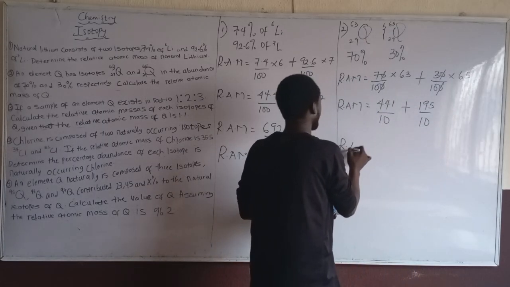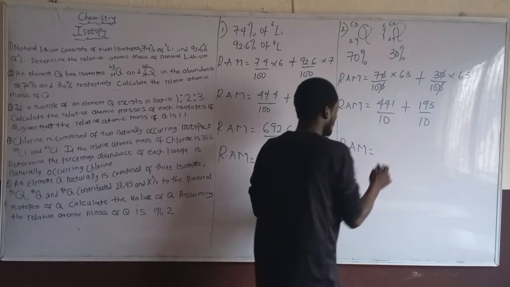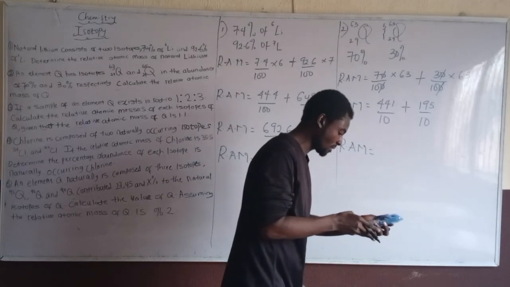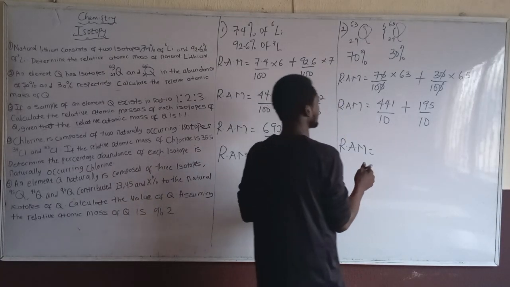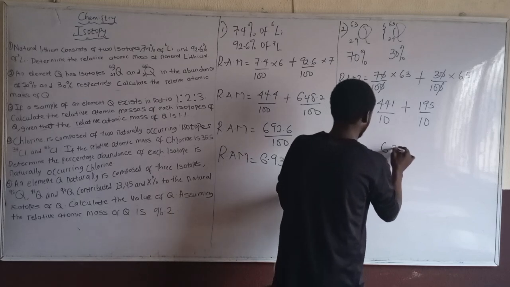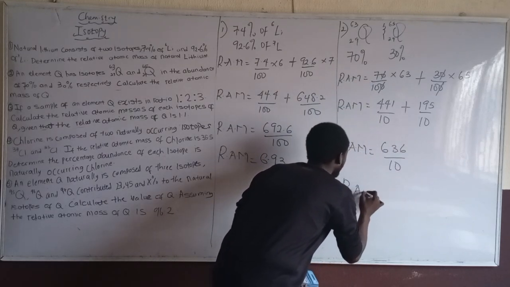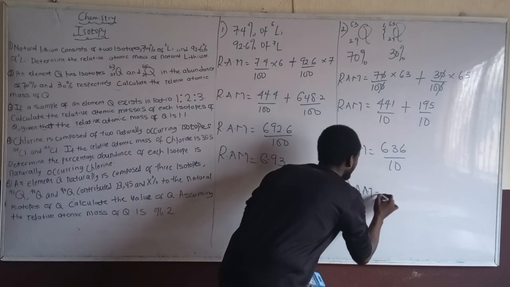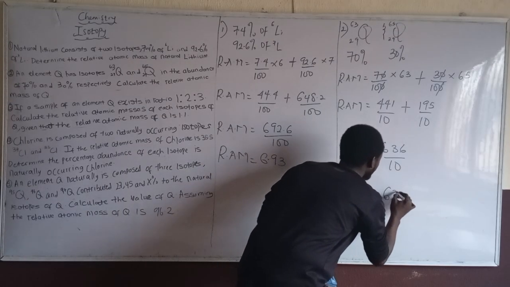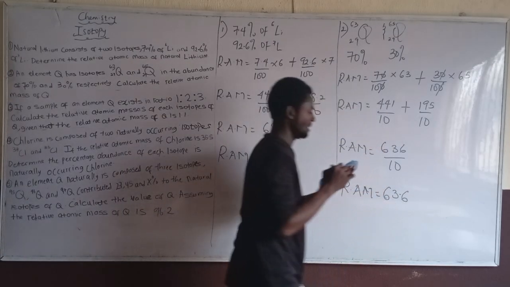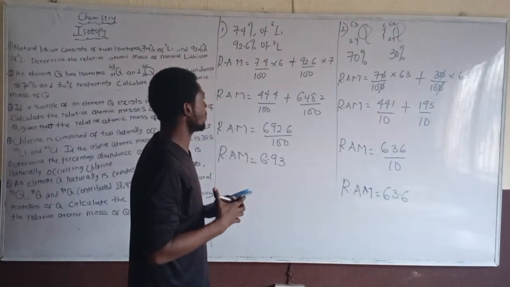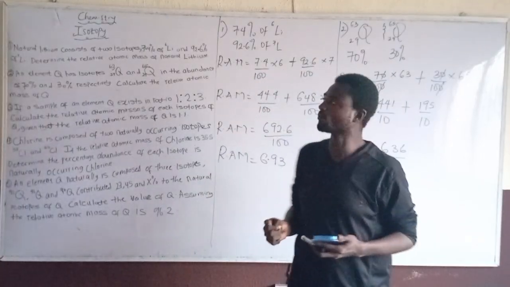So my RAM becomes 441 plus 195, that is 636 divided by 10. So my RAM becomes 63.6. That is question 2. So you have solved 1 and 2. We move to question 3.